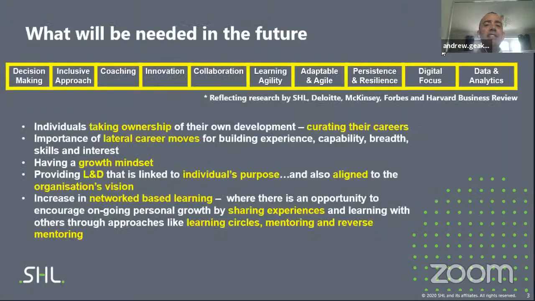Now, if we then start to think about what will be needed in the future, what I've got here is reflecting some research that comes from a variety of players out there: Deloitte, McKinsey, Forbes, HBR and SHRM. And it's really trying to consolidate the types of skills, or behaviors, and sometimes the two mesh together, that are going to be needed going forward.